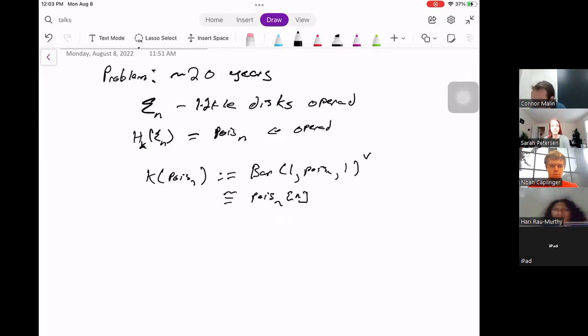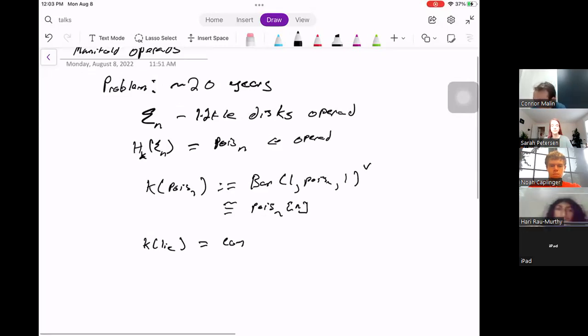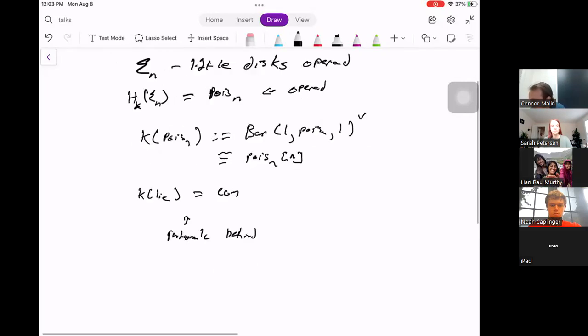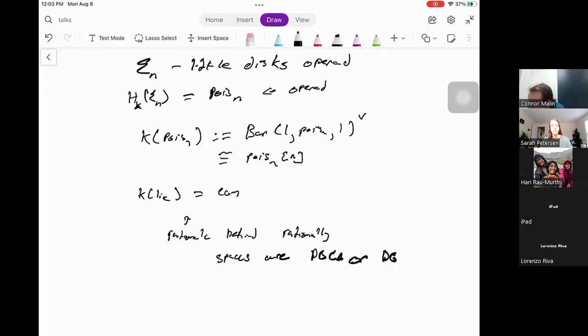Some other examples of Koszul duality: if I take the Koszul dual of the Lie operad, this is equal to the commutative operad. And this explains, for some part, the rationale behind the fact that rationally spaces can be modeled as DG CAs or DG Lie algebras.